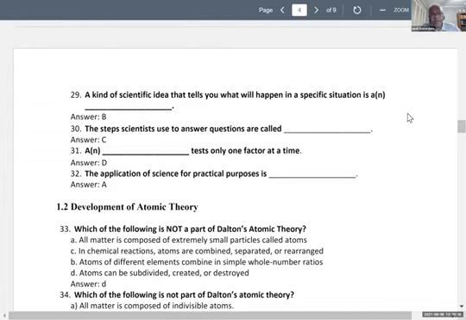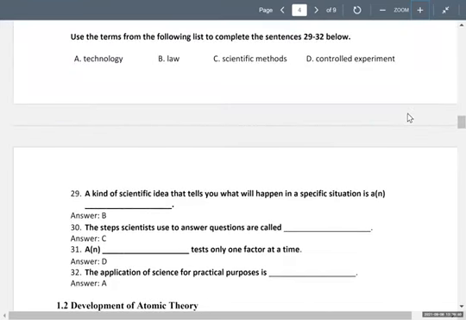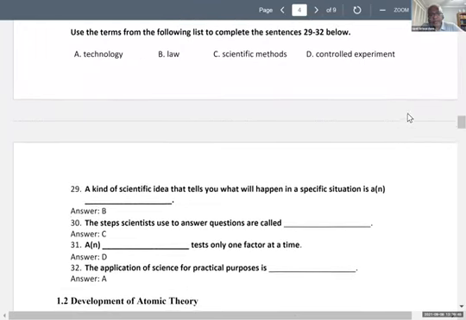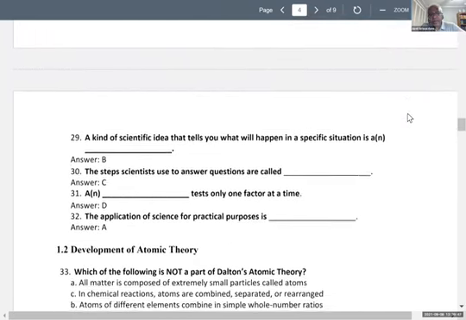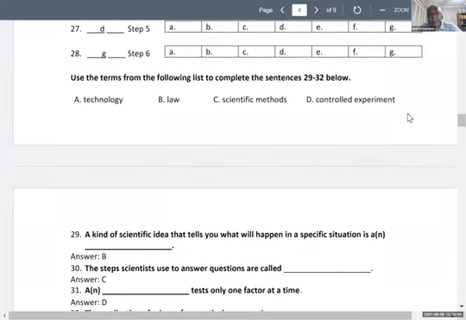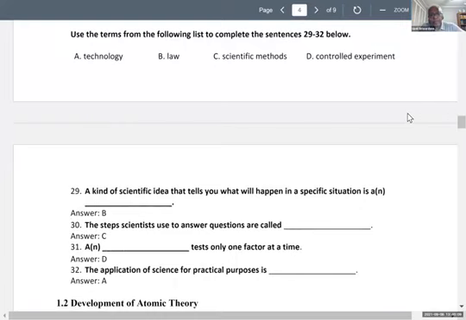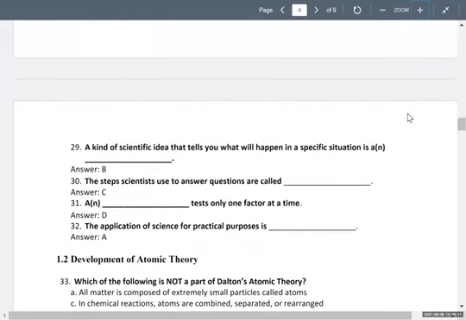Answer is B. A law tells us, there are 4 choices here, what happens when the pressure increases, volume decreases, like that. Steps scientists use to answer questions are called the scientific method.